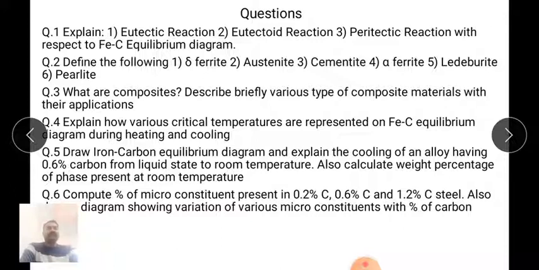In that case you will have to represent the critical temperatures by symbols, that is A0, A1, A2, A3, then ACM, and A4. Okay, so these are the different symbolic representations for the different critical temperatures. That A0 temperature is what?